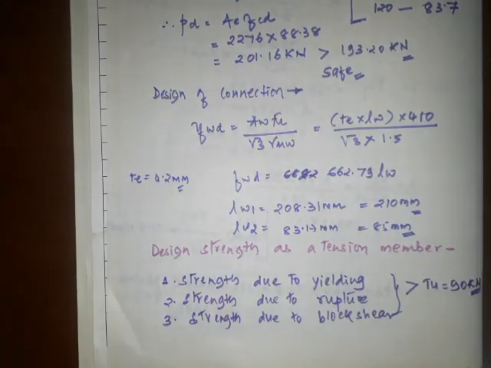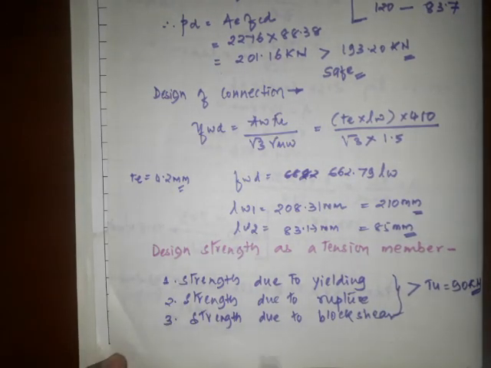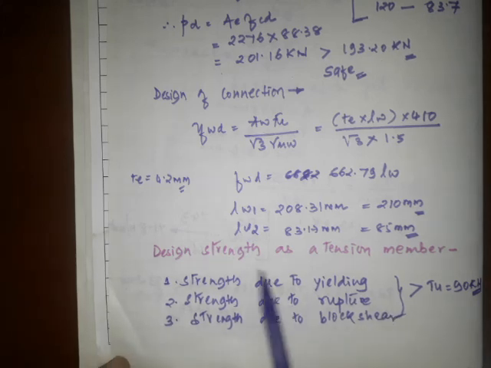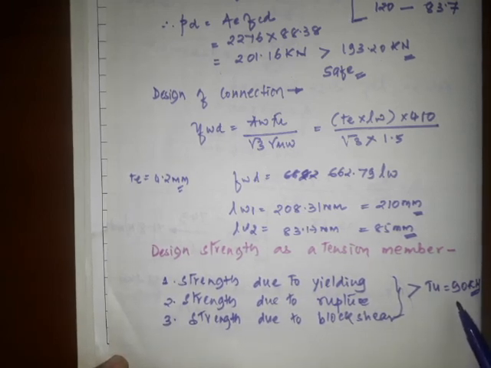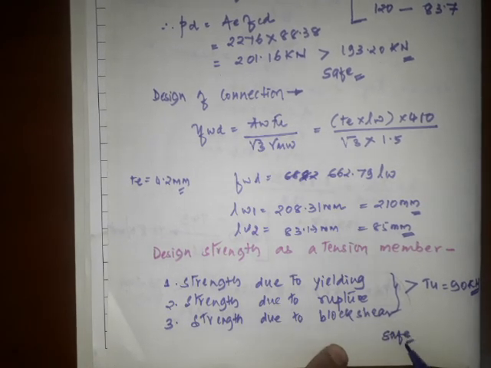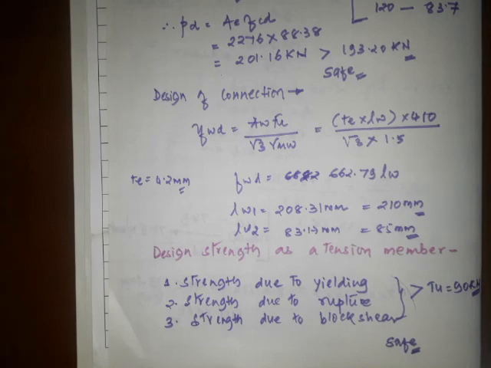I have told you in the previous session how to calculate this, so you have to follow the same steps. The strength of the member in all three cases should be more than 90 kilonewton. In that case, the member you have provided will be safe.